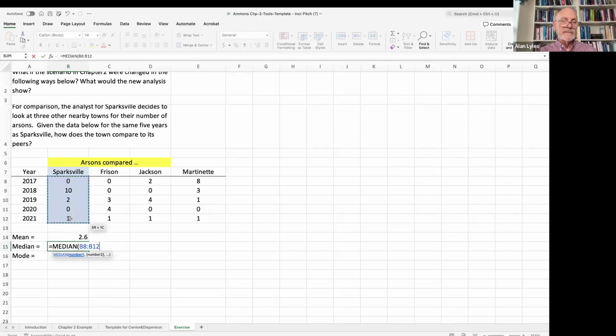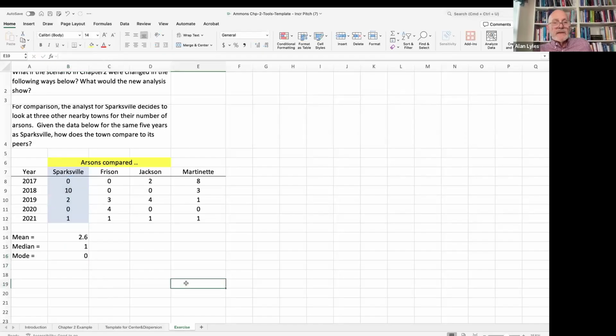And keep in mind, we have to close the parentheses, and we have to close the parentheses.